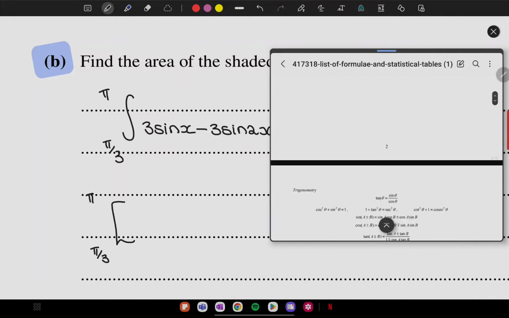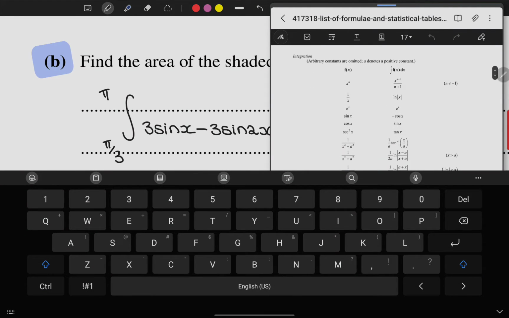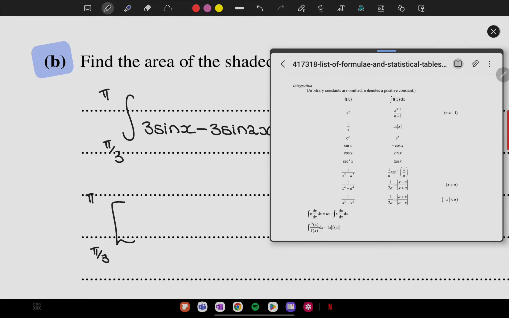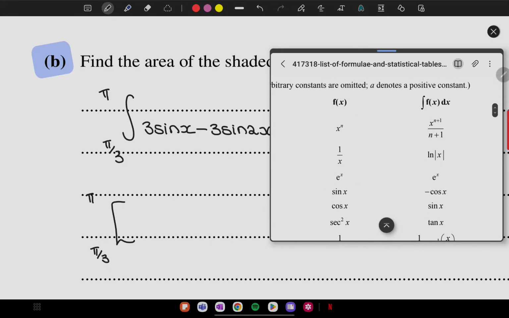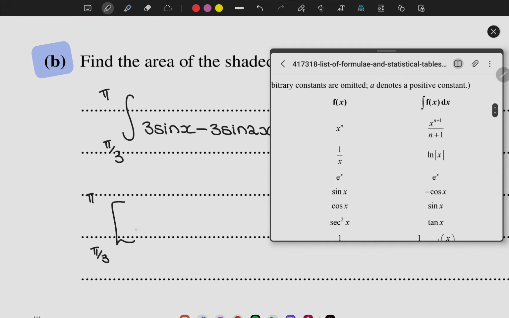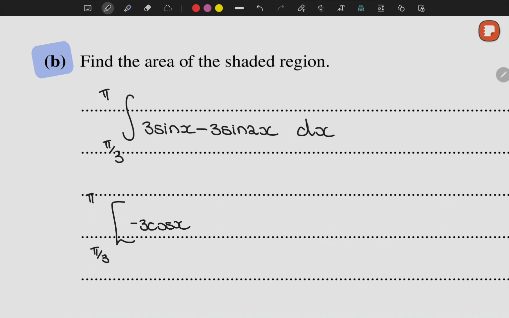For integration, you can see we have sine, and when we integrate, we get negative cos. That's going to be negative 3 cos x. There's also other differentiation and integration, but I just want to show you in case you didn't know where to find it.